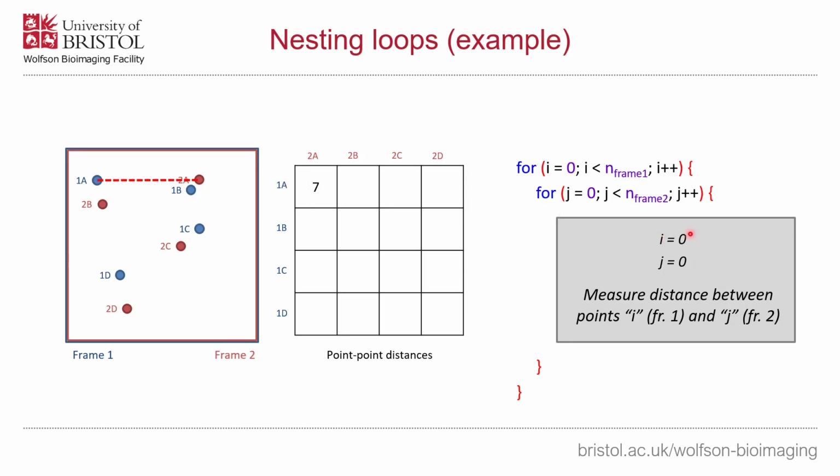So for the 0 object in frame 1, that's this 1A, against the 0 object in J, which is in frame 2, which is 2A. Let's say that distance is 7. Then, while still in this first loop, so I is equal to 0, J is now incremented. We've gone through this, we've measured our distance at 7, we've gone up here. J is now 1 because of this.